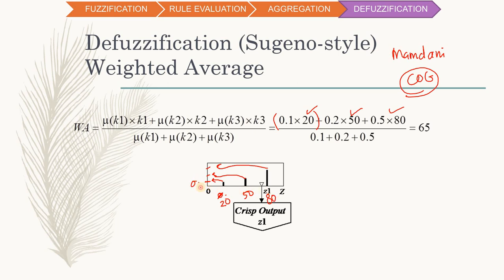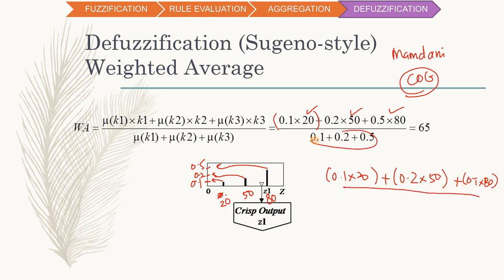And the values here are 0.1, 0.2, 0.5. So you are going to calculate the weighted average using 0.1 times 20 plus 0.2 times 50 plus 0.5 times 80 over the total of degree of membership that you have.